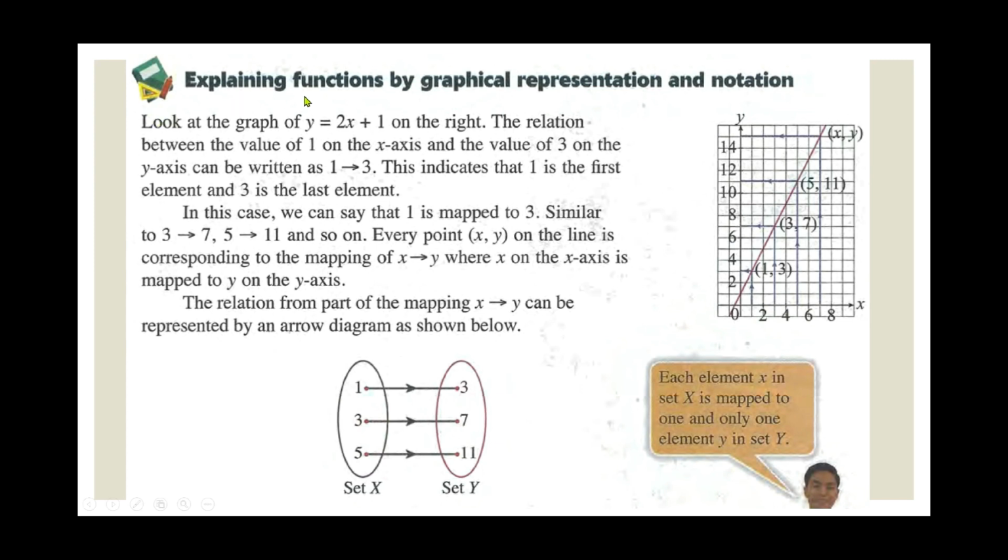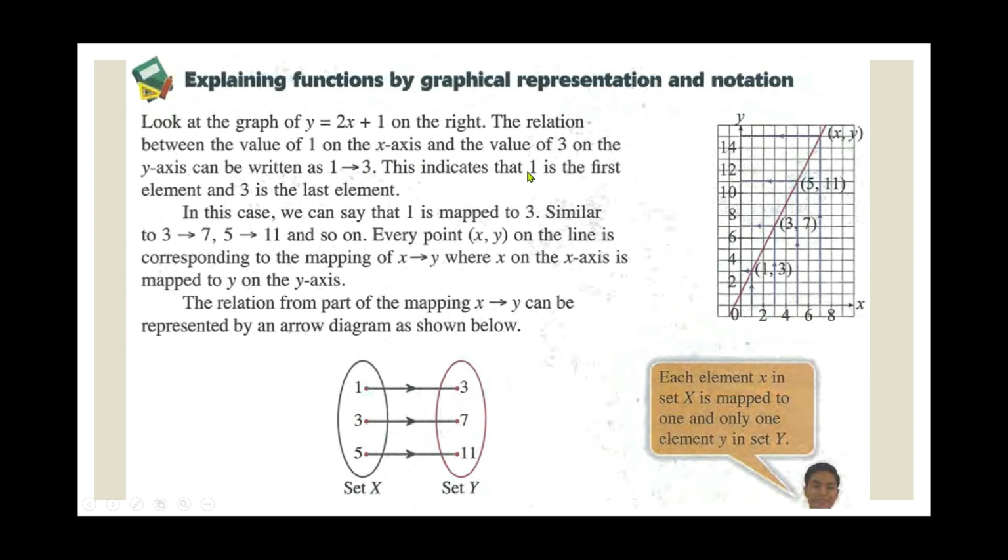So this is explaining function by graphical representation and notation here. You look at the graph here. This graph is y equals 2x plus 1. The relation between the value of 1 on the x-axis and 3 on the y-axis can be written as 1 is mapped to 3.